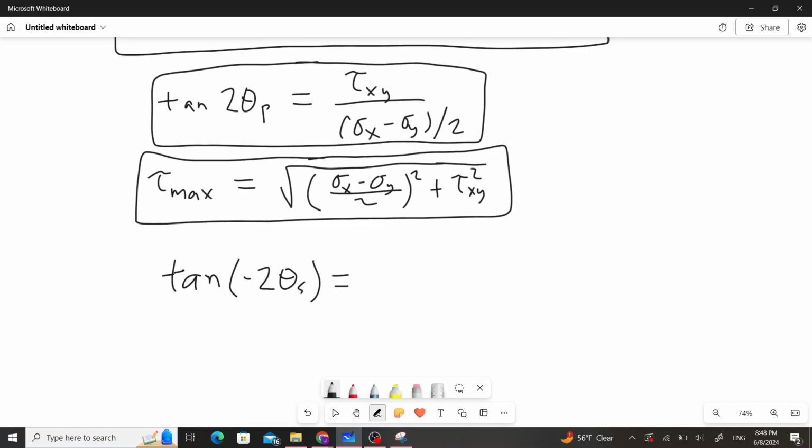So that's the only reason we're calling that angle negative. And then tan of a negative angle is equal to negative tan of that angle. And for the tangent, our opposite side was sigma x minus sigma y over 2, and the adjacent side was tau xy.